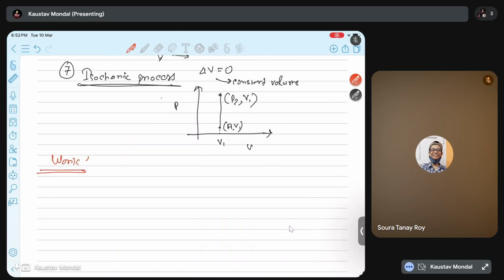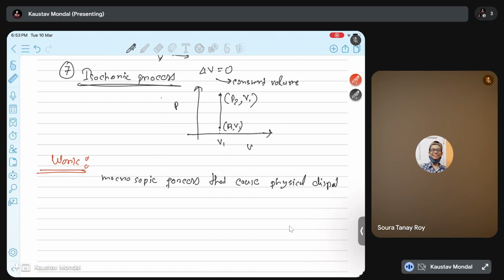So work is due to macroscopic forces that cause physical displacement.